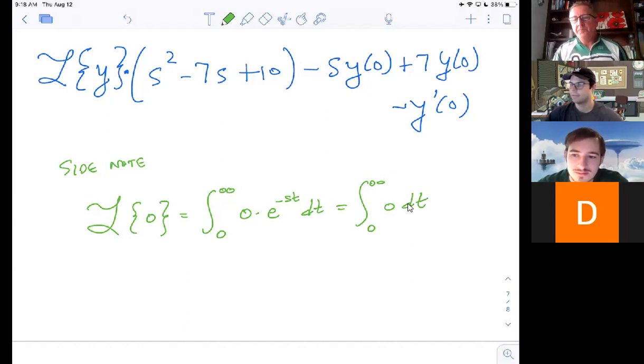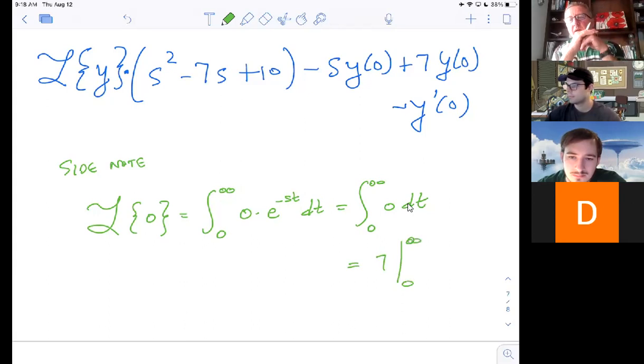And this is what Ben is saying, and kind of David. The derivative of a constant is 0, so the answer to this could be 7 or any constant. And then I have to evaluate that at infinity and at 0 and subtract. That's what Ben is saying. It's all true. What happens when you plug in infinity and 0 and subtract? You get 0. You get 7 minus 7.